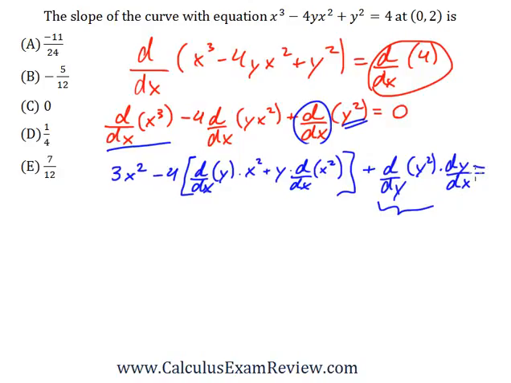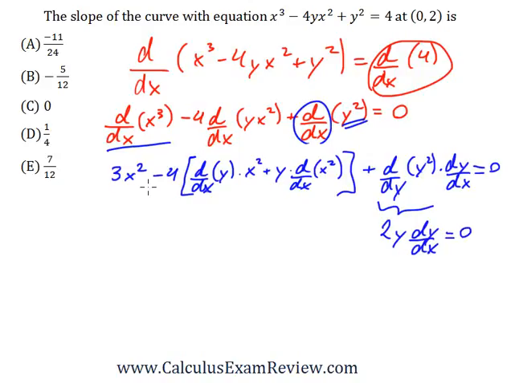Oh yeah, and the whole thing is equal to 0. The derivative with respect to y of y squared is just 2y. We just bring down the exponent, so we get 2 times y, and subtract 1 from the 2, so we just get 1. So 2y times dy/dx.